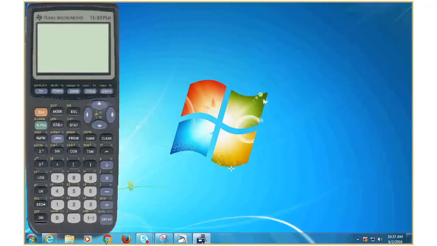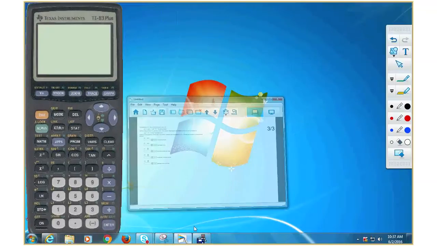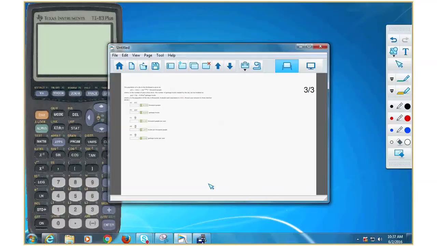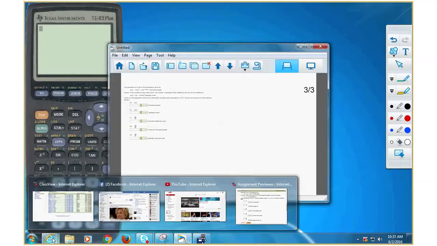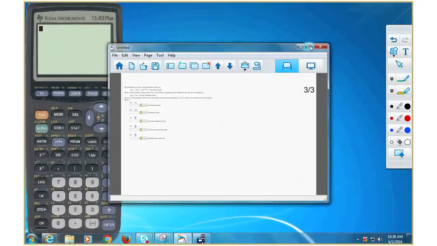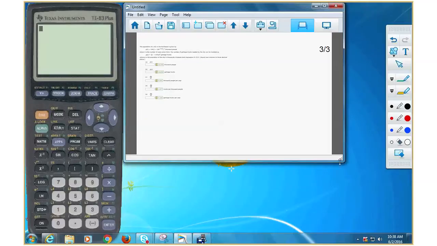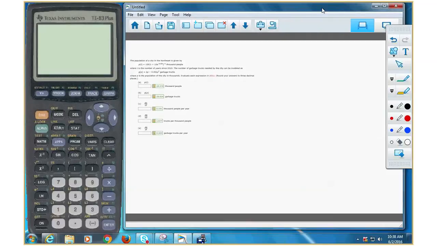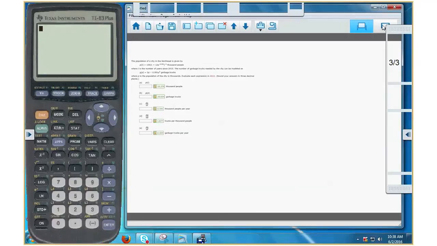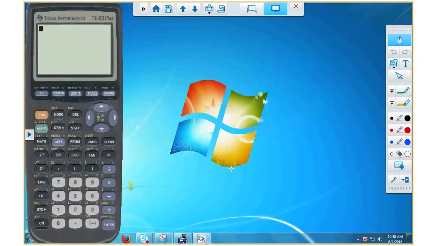So wait, I don't understand how if t equals 3, then all of a sudden in question B, p equals 3. Why is t equal to p? Okay, I'm getting there. Hold on. Where is my, did I not? Okay, I'm trying to find my.